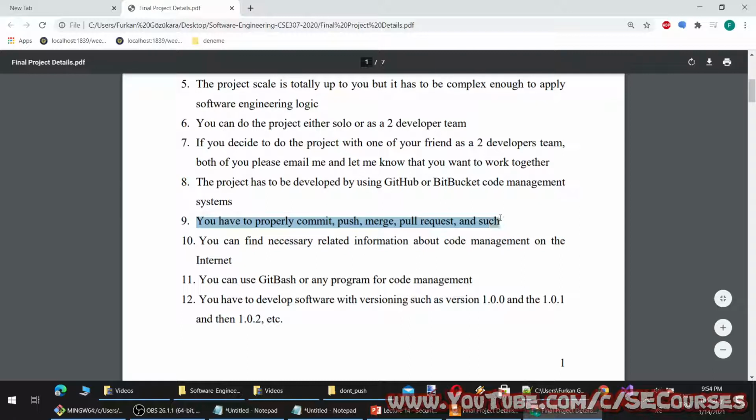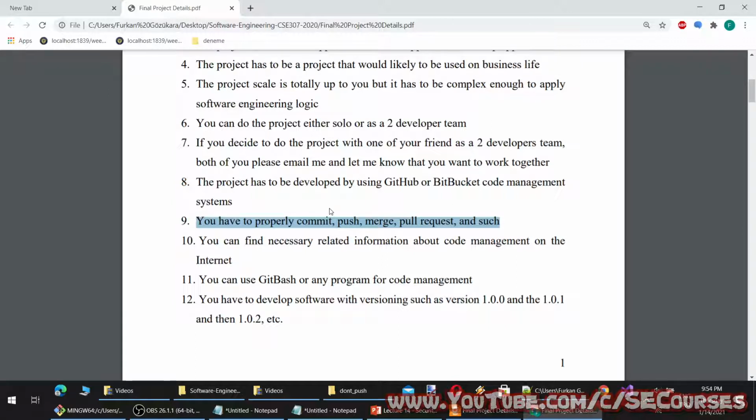So this is really important. By checking your commit, push, merge, and pull request history, I will be able to see which part of the project you have developed if you are working as a two-developer team.